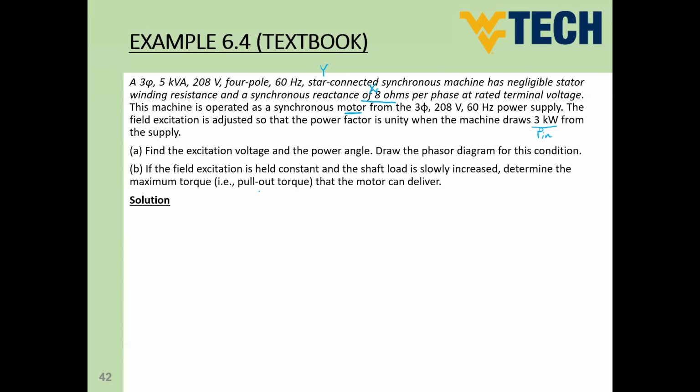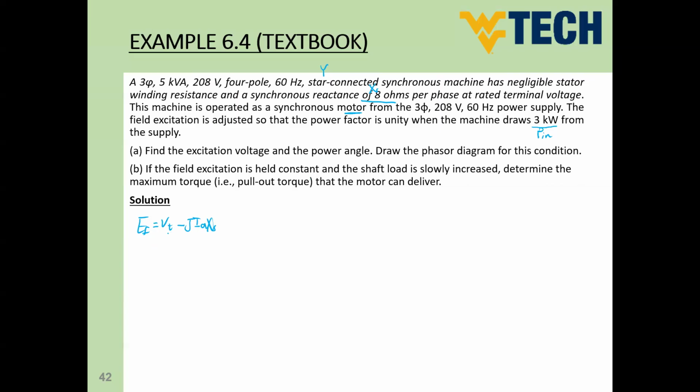Find the excitation volt. You know, guys, our relation is EF equals V terminal minus j IA XS. Resistance is neglected here in this question. So in order to get the excitation volt, we need to have the current.